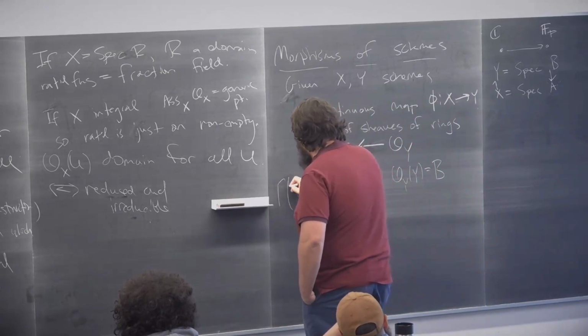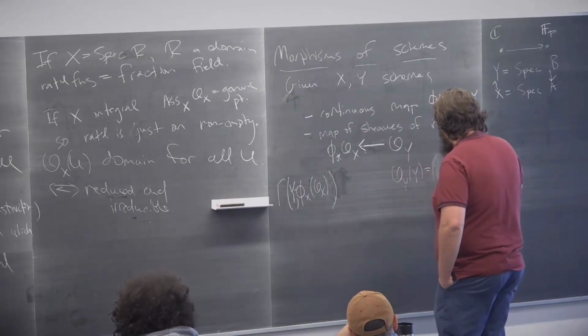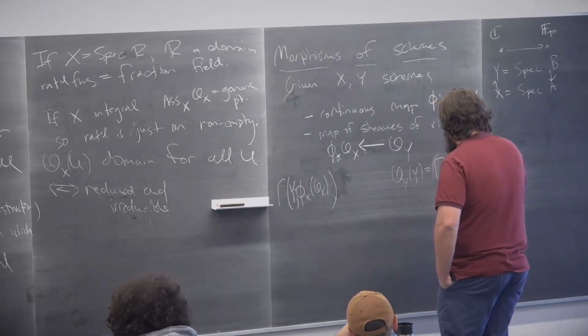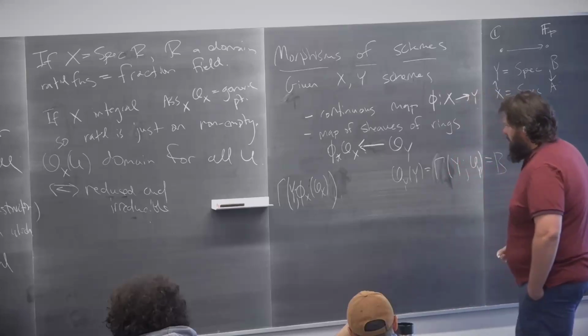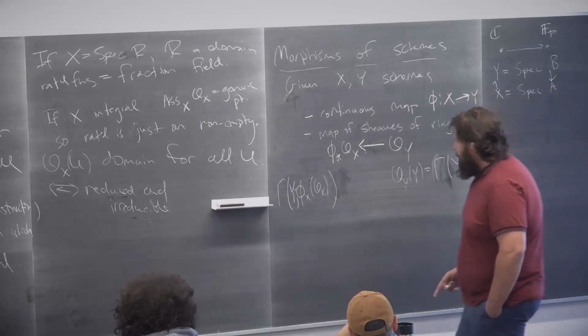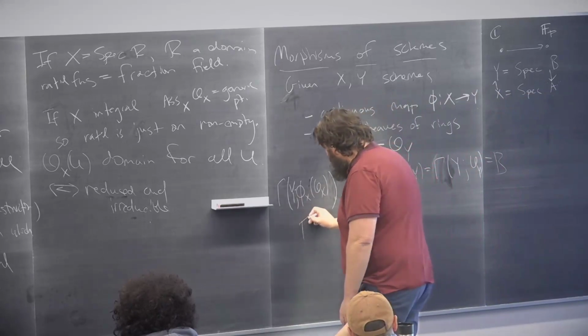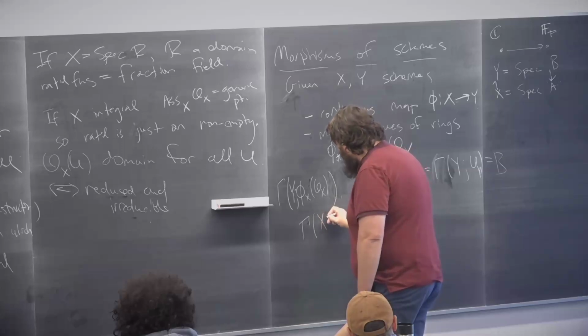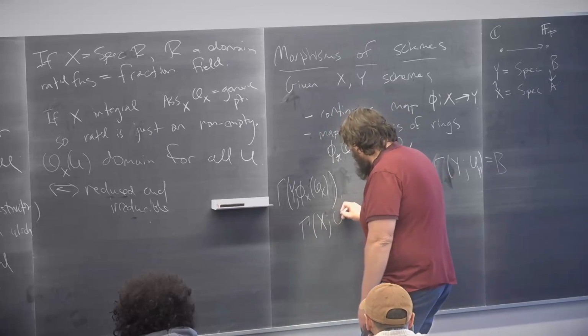So sections on Y of this push forward. Let me just emphasize this notation and rewrite this guy. So here I have B. Well, by definition, the sections of this push forward on an open set are the sections on the pre-image. The pre-image of all of Y is all of X.